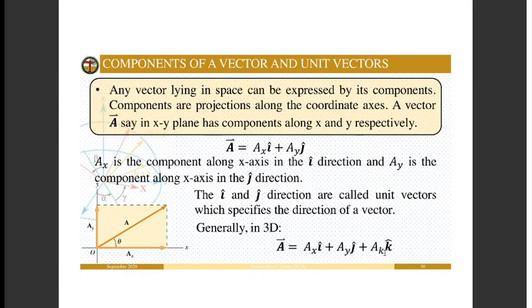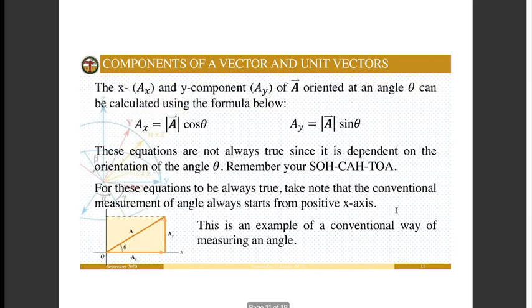But usually in basic general physics, we will stick with the two-dimensional system. But for your information, in three dimensions, this is the expression of our vector in terms of components.